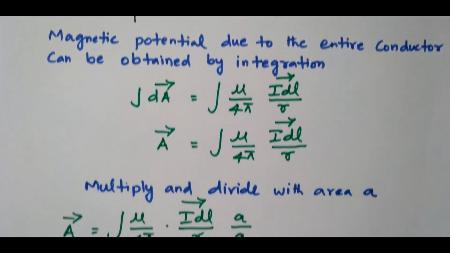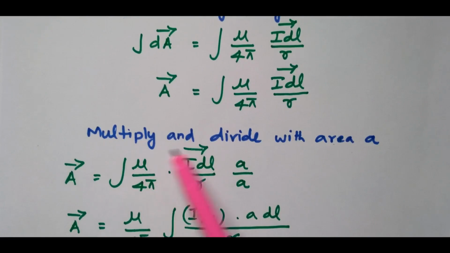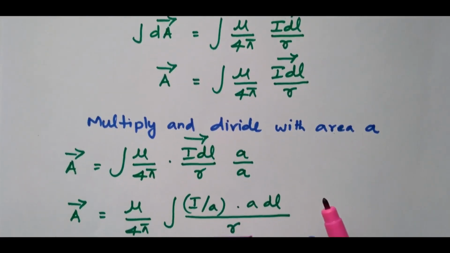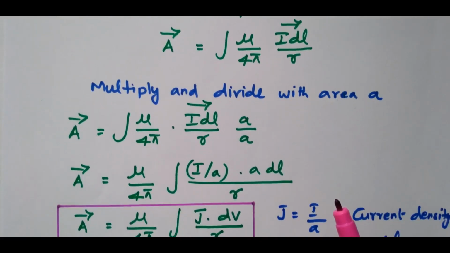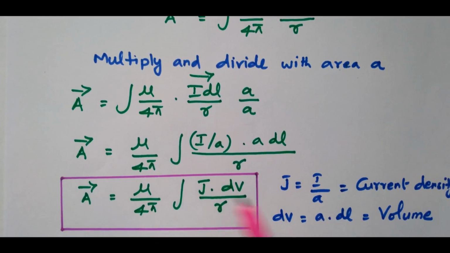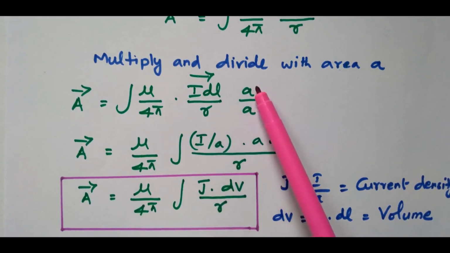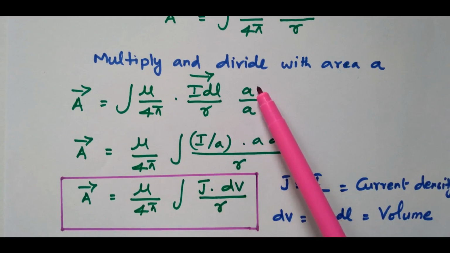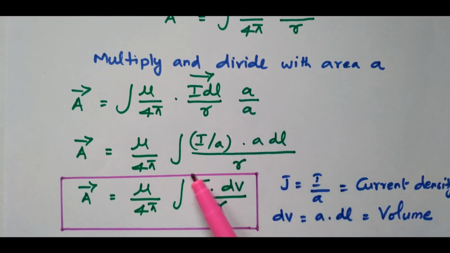Now for the simplification, we multiply and divide with the term area A. So A vector equals integral mu divided by 4 pi, Idl vector divided by r, into A divided by A. So the original value will not be affected.